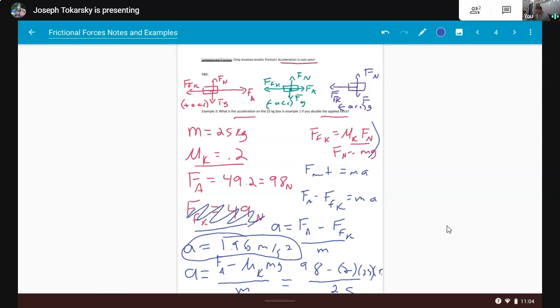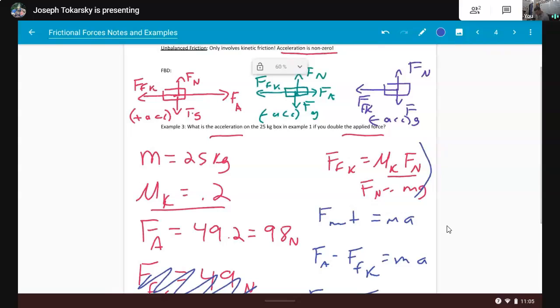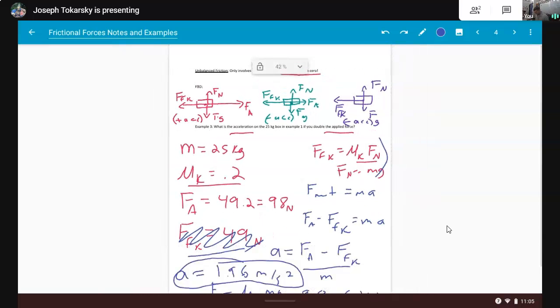Okay? Now, that's the only example left in our packet, so I'm going to do like a general setup of one of the other scenarios, which is the scenario right here with letting something go where there's no more applied force. And there's something unique, at least compared to this example that we did, that can happen that I need to show you guys so you're aware of.